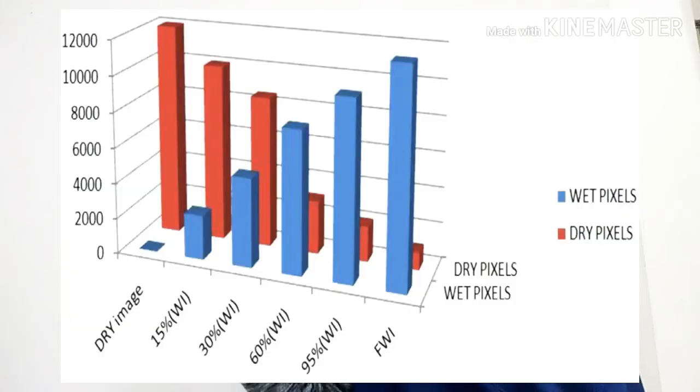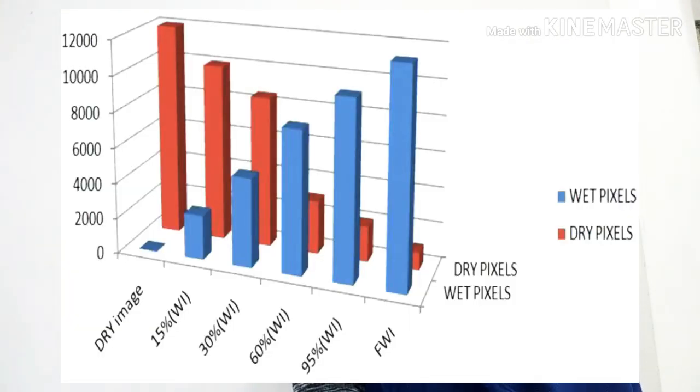From the histogram analysis, the wetness of the soil is determined by the total number of pixels present in and around the pixel intensity 200. Based on the number of pixels, the soil is categorized into 6 different types which are shown in this figure.